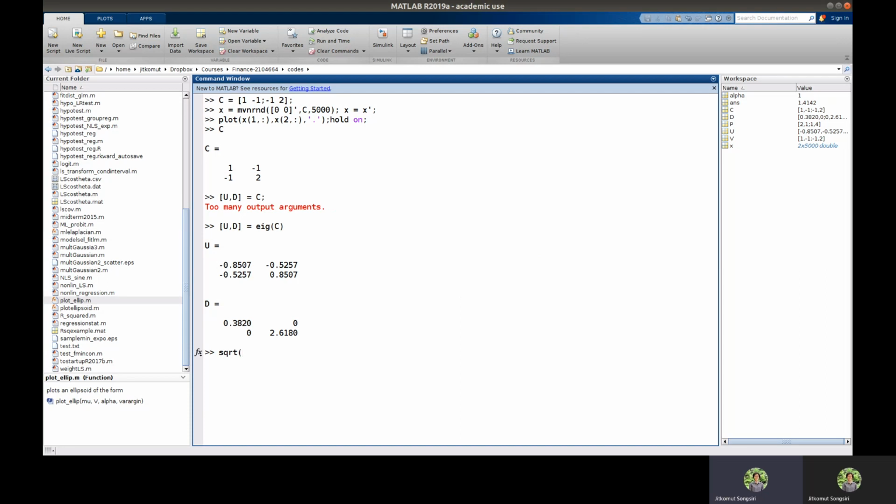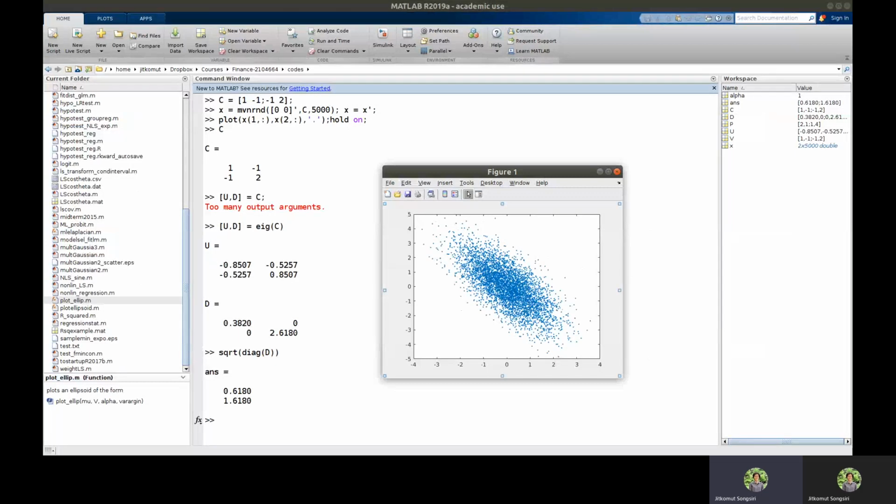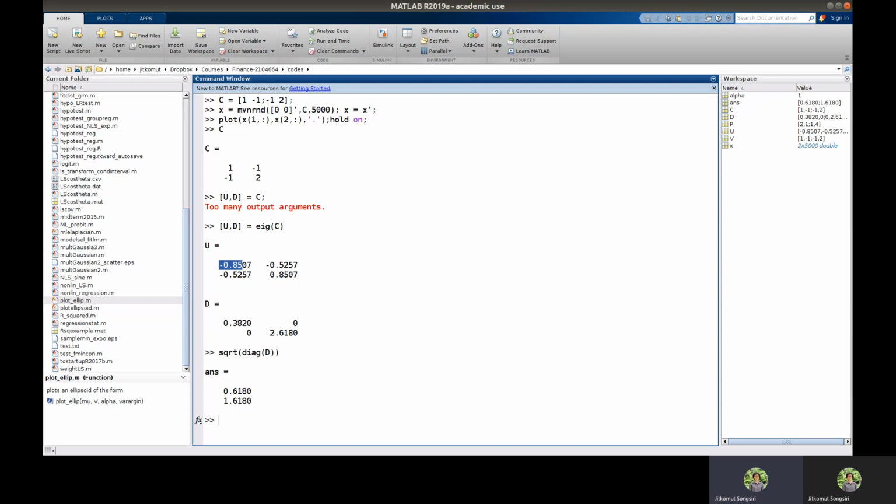Let me just compute. So it's supposed to be 0.6. Let me stretch the line that's supposed to be the principal axis. The first principal axis has a width around 0.6, so it's supposed to be this direction, a vector in the direction of minus 0.8, minus 0.5.